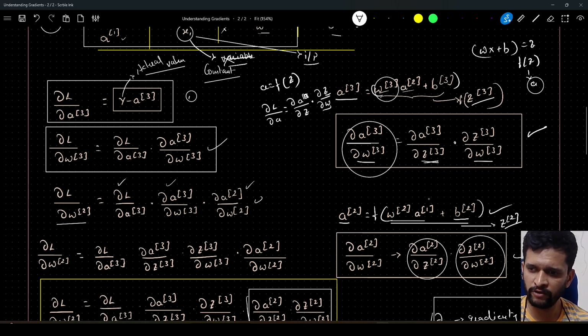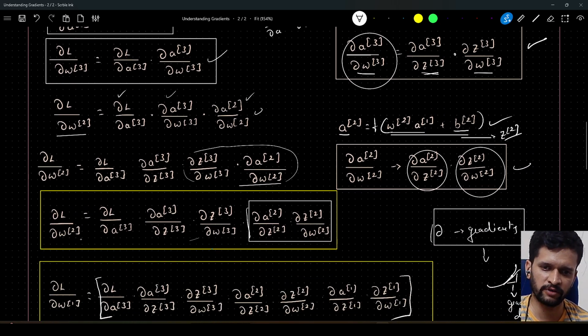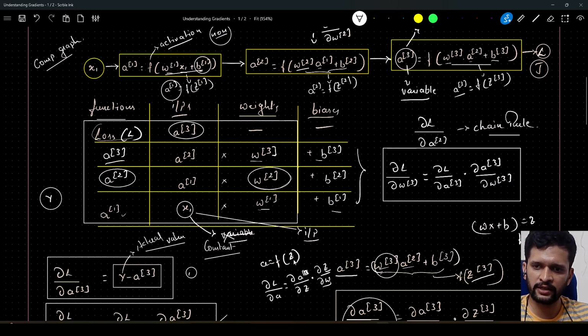Okay. Then we will plug in these values for computing our dL by dW2. So this is our final equation. If you write everything in an expanded way, it is the rate of change of loss with respect to the rate of change of A3, the rate of change of A3 with respect to the rate of change of weight 3, the rate of change of A2 with respect to the rate of change of W2.